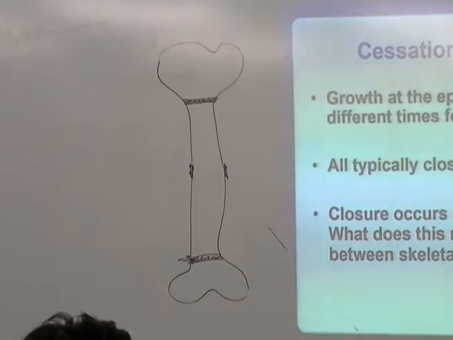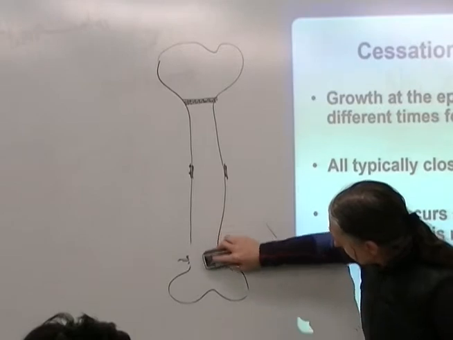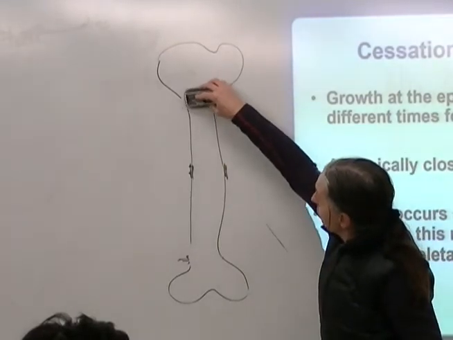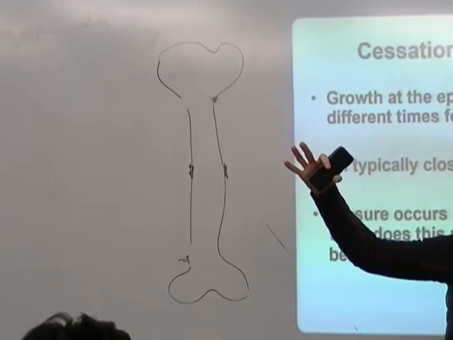And that's because closure of the plate is connected to release of sex hormones during puberty. So because girls go into puberty earlier and are releasing estrogen at a rapid rate, their epiphyseal plate shuts down sooner. Right? As soon as it's shut, once this is not an epiphyseal plate now, then that bone is done growing, at least lengthwise.